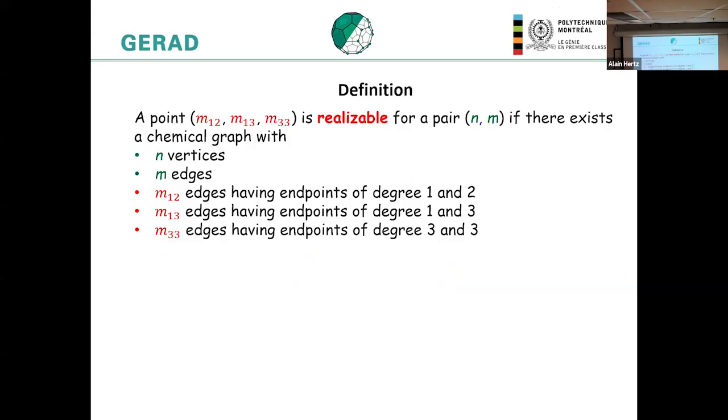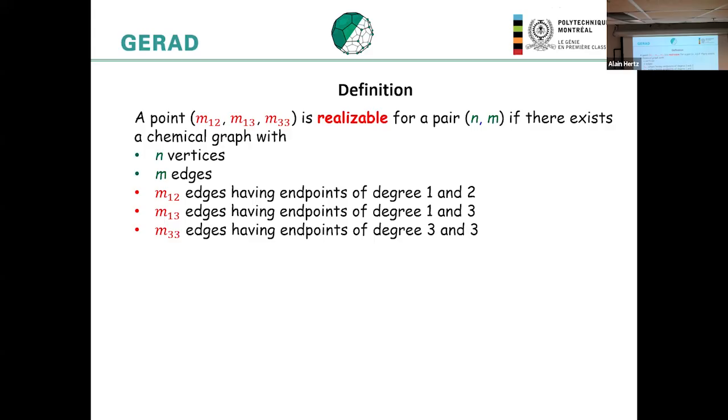So we call a triplet of these values realizable if there is a chemical graph with n atoms, m bonds, and the right number of edges of each type. So you should have exactly M12 edges linking vertices of degree 1 and 2. Some triplets are not realizable: if they are not integers, they do not correspond to anything. If they are integers, I would like a chemical graph to exist.